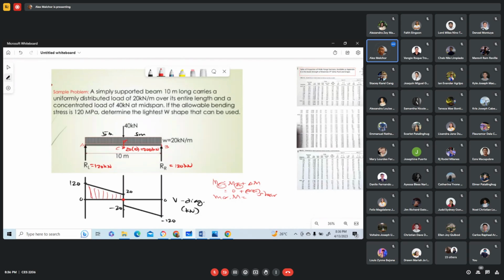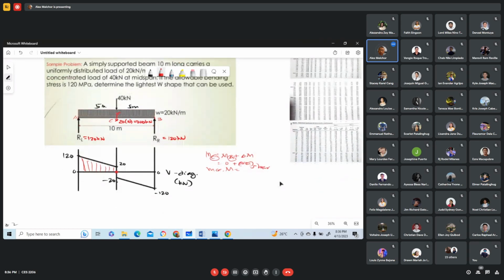So this is now 0 plus 120 plus 20 over 2 multiplied by 5, right? Try to check. The maximum moment therefore is equal to how much? Please compute with your calculator.